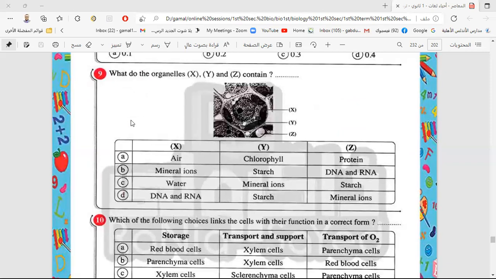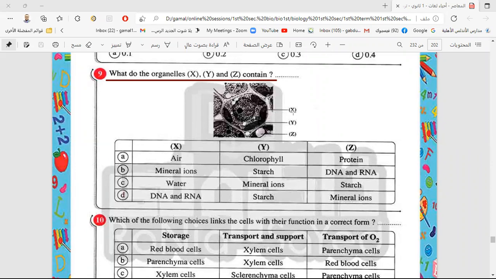We have here another question. What do organelles X, Y, and Z contain? Okay, X, Y, and Z. Can you figure out what X and Y and Z are? I see here X, here we have the nucleus.